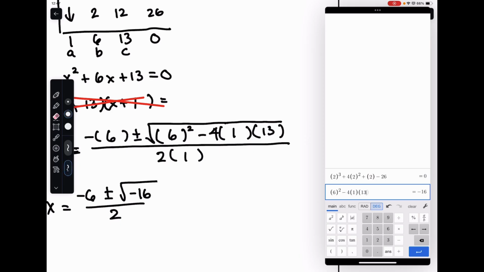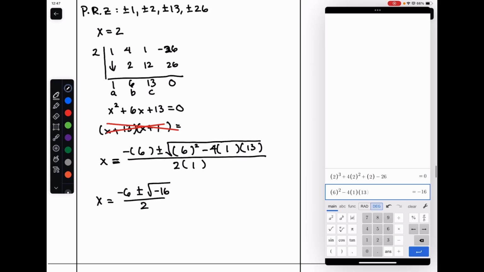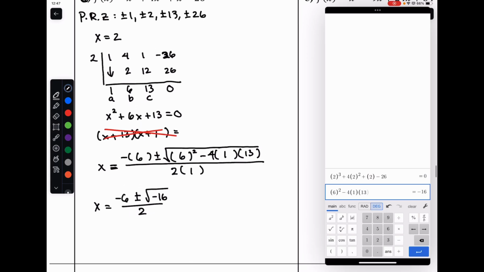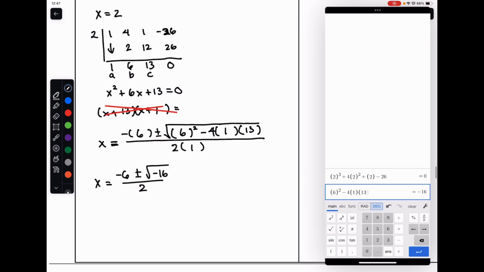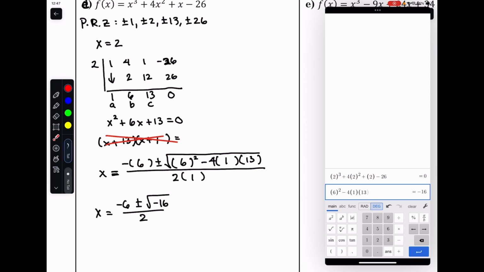How odd is that? So that means that the solution to this after the quadratic formula is not going to be, again, on this. It's not even going to be a rational value. It's going to be a complex number.